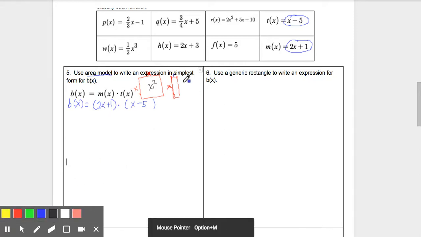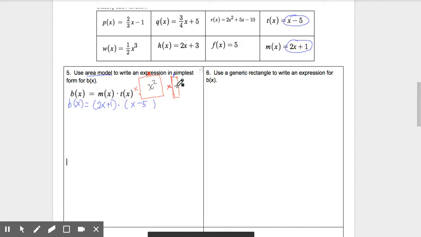Therefore, the area of this rectangle is 1 times x, or simply x. Okay, so again, the length of this rectangle is 1, the width is x, therefore the area is x.